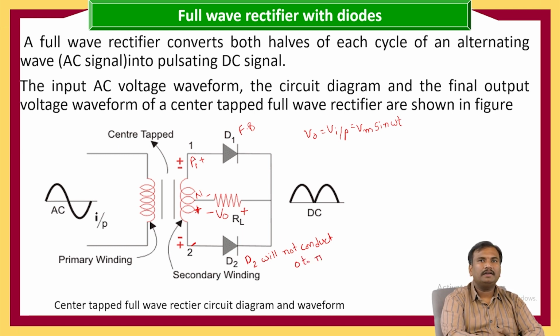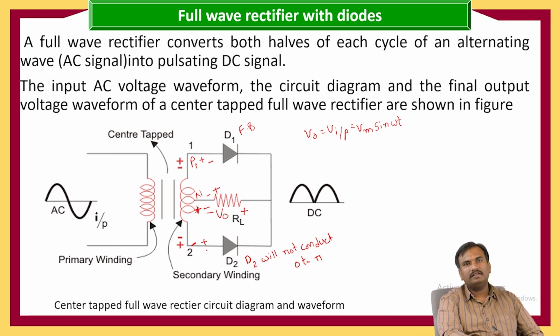After pi, these terminals are going to get changed. This will become negative and this will become positive. When this becomes negative, immediately D1 gets reverse biased, and when this terminal becomes positive, D2 gets forward biased. Once D2 is forward biased, the positive is connected to the positive of output voltage.